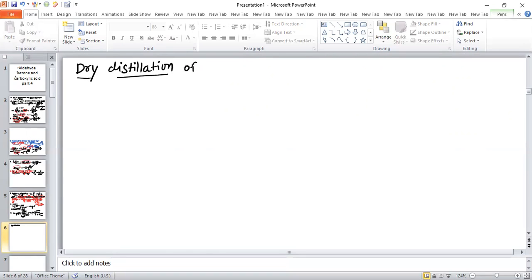Dry distillation of calcium salts of fatty acids. We are going to discuss the dry distillation of calcium salts of fatty acids.